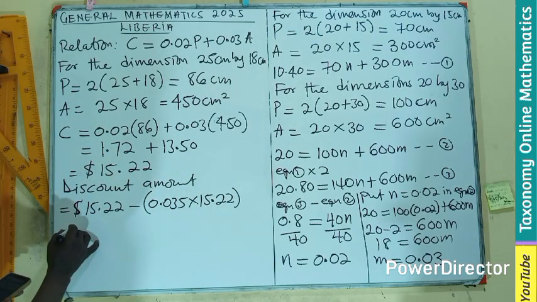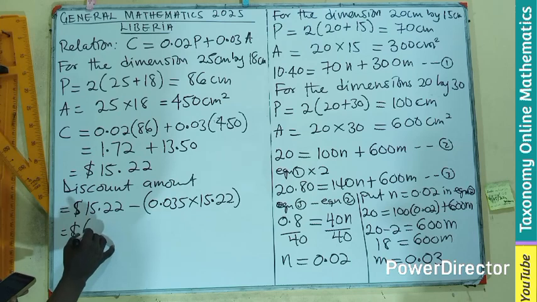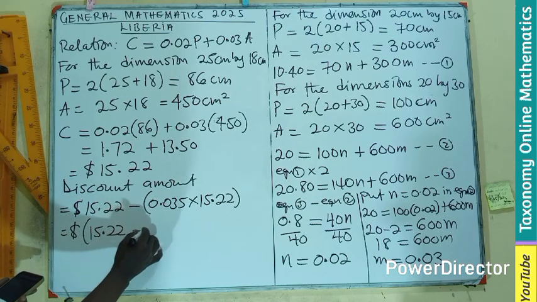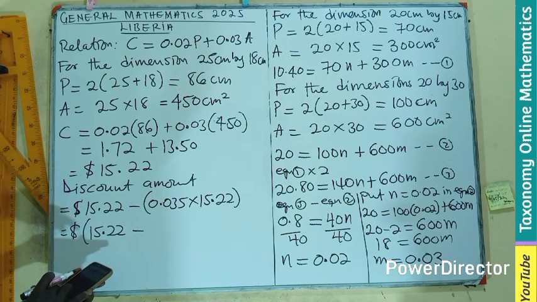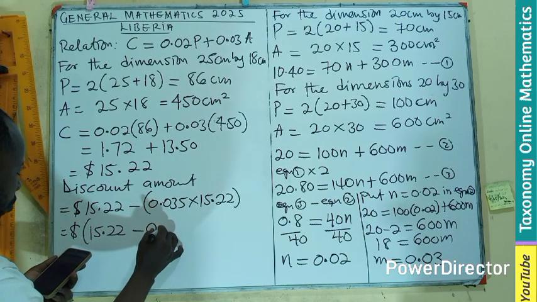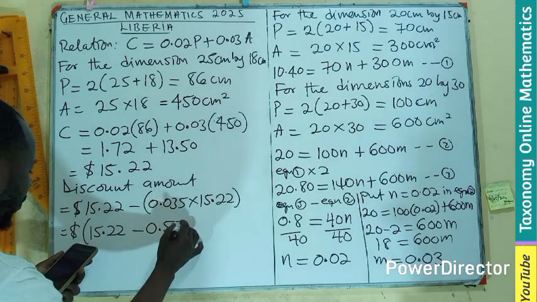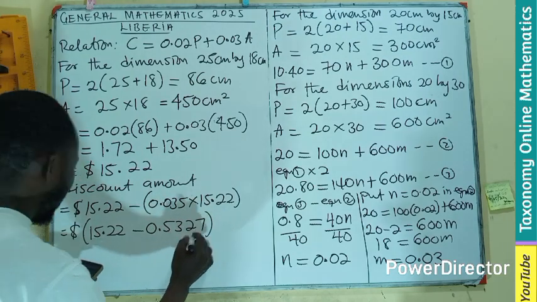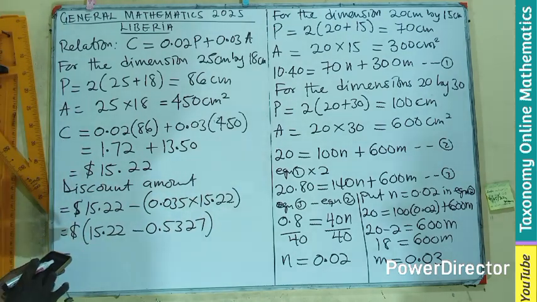So this becomes 15.22 minus, if I have 0.035 multiplying 15.22, that will give me 0.5327.